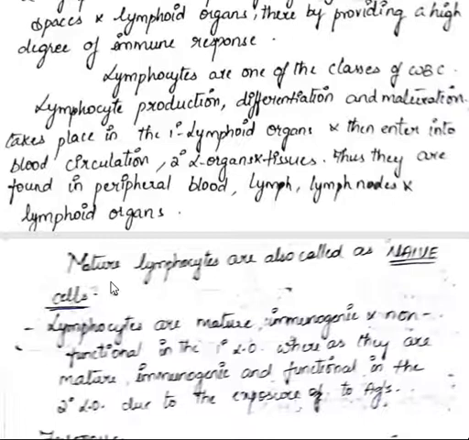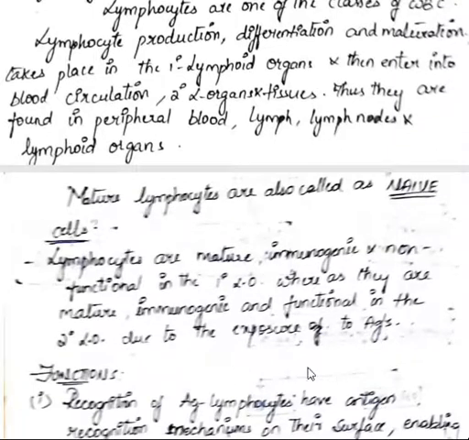And these lymphocytes which are mature, immunogenic or non-functional, as I said, are in the primary lymphoid organs, whereas they are mature, immunogenic and functional only in the secondary lymphoid organs due to the exposure to the antigen. So in the secondary lymphoid organs only they are getting exposed to the antigen. So this is all about the lymphocytes overall notes.